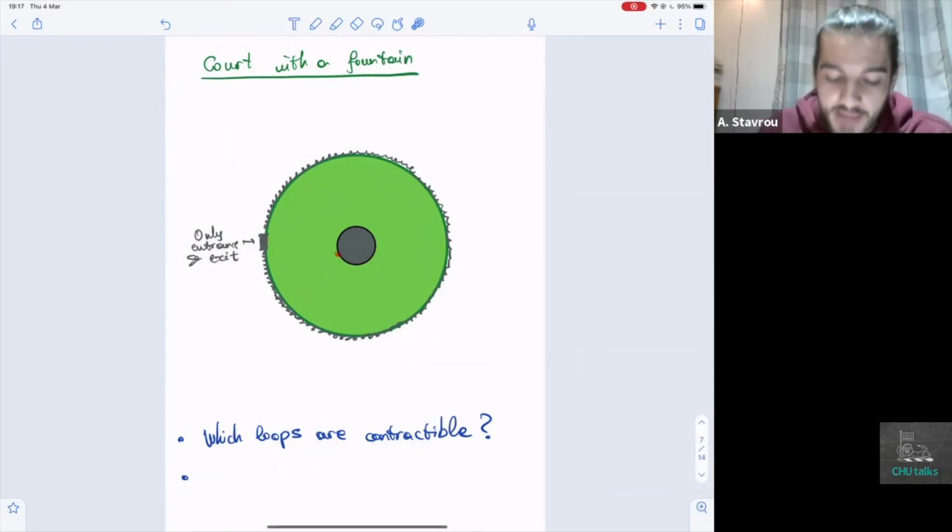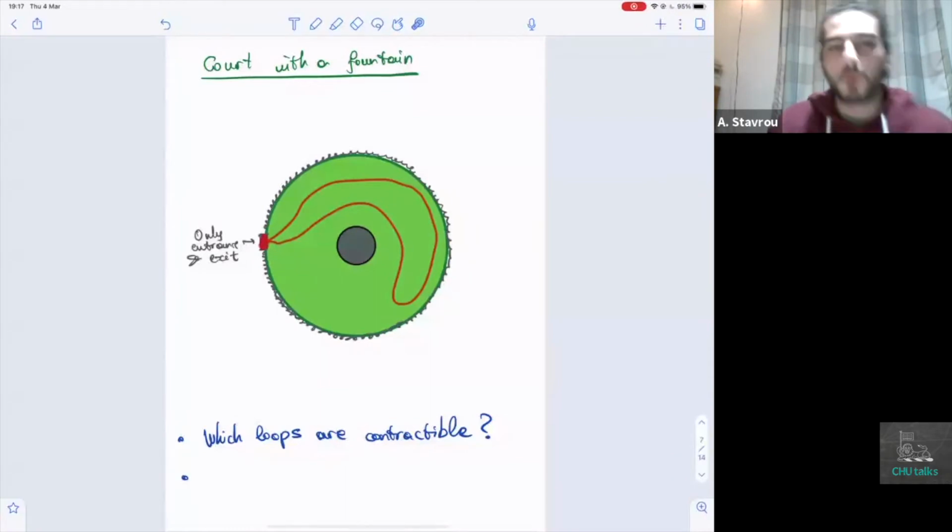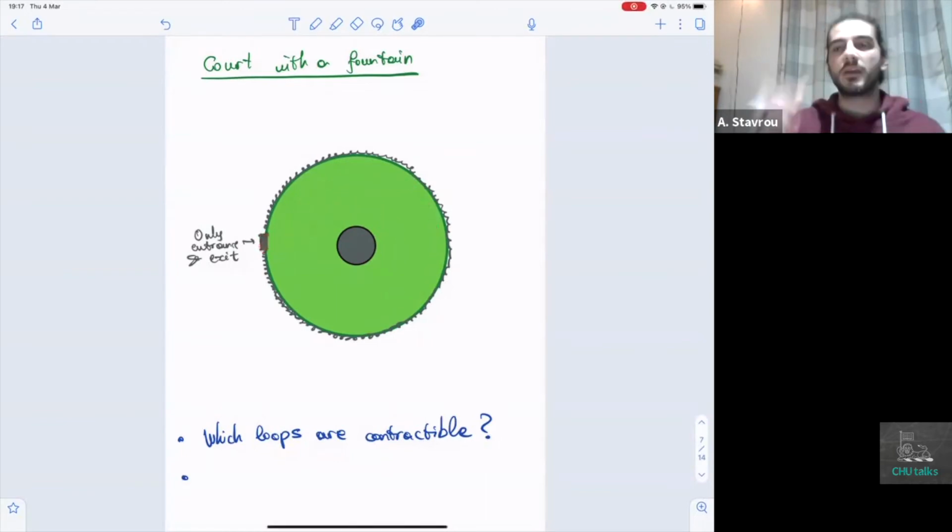Then he leaves a trace of his path. He leaves a rope there, and then that rope, somebody here at the entrance pulls it down all the way here.